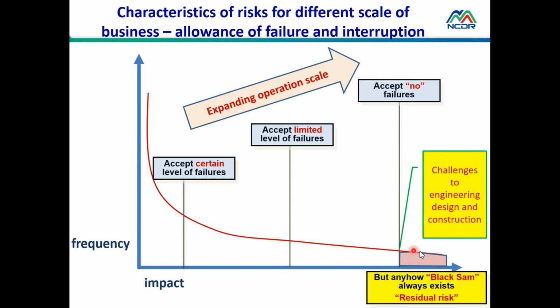However, we always have to remember we have the residual risk. It's a kind of black swan event. It will be a challenge to both engineering method and construction. So this is why we have to use smart response to cover the risk from the residual part.